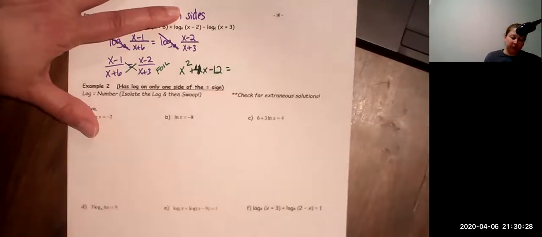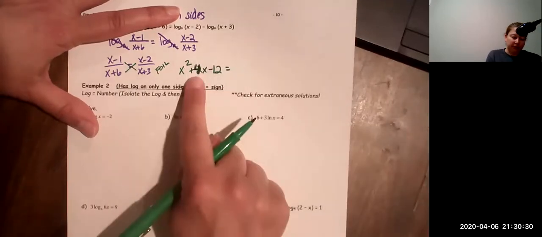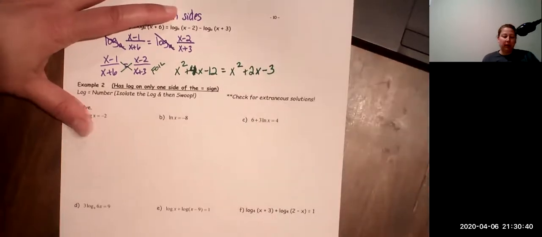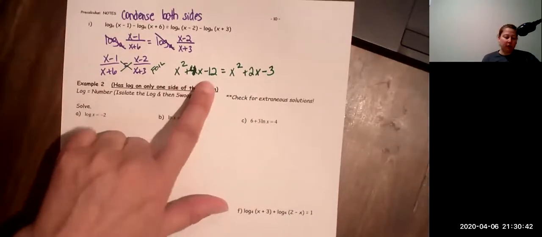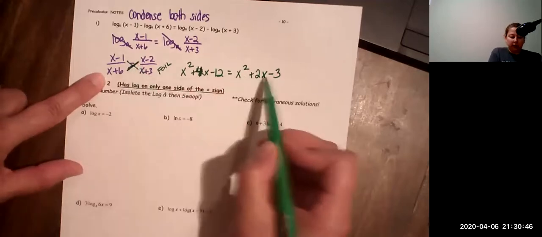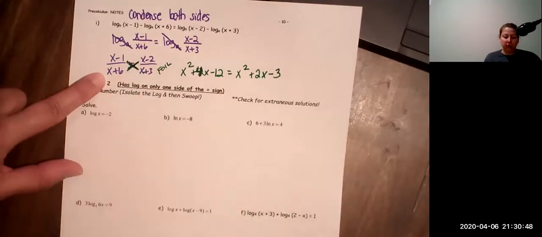Plus 4x minus 12. And then this one, whenever you FOIL it, is going to be x squared plus 3x minus 1x, that's the 2x, minus 3. So I have x squared plus 4x minus 12 when I FOIL these two. x squared plus 2x minus 3 when I FOIL those two.